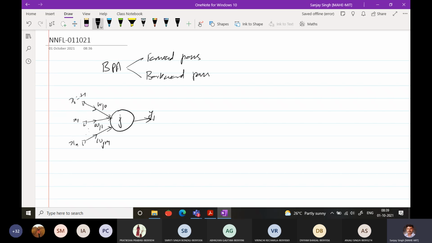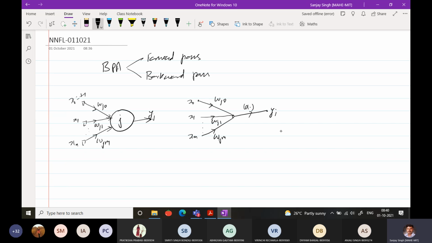Now, once you have this system, we know something is inside and it works like this, as far as the signal flow graph is concerned. We have x0, x1, up to xm, and here I have my yj.